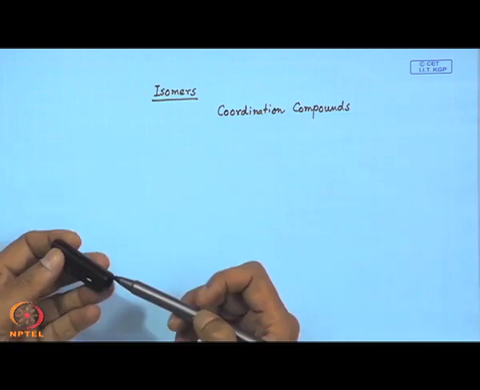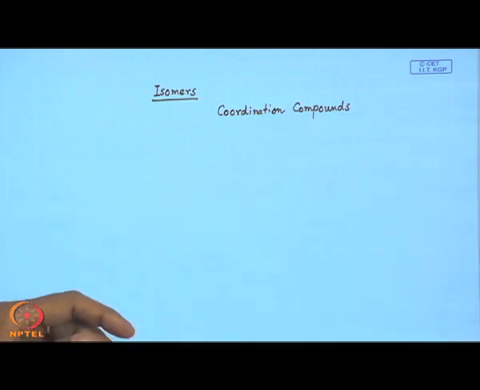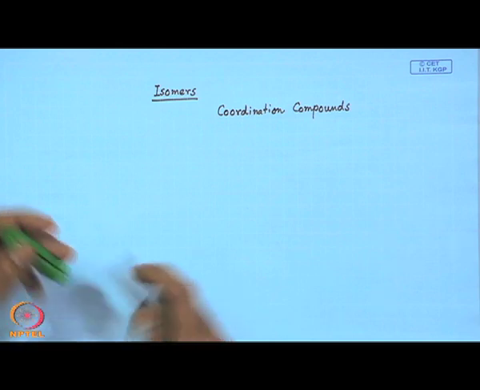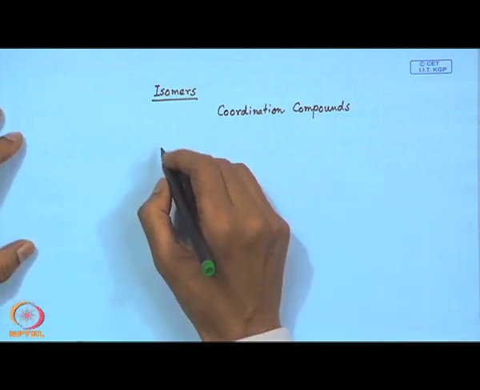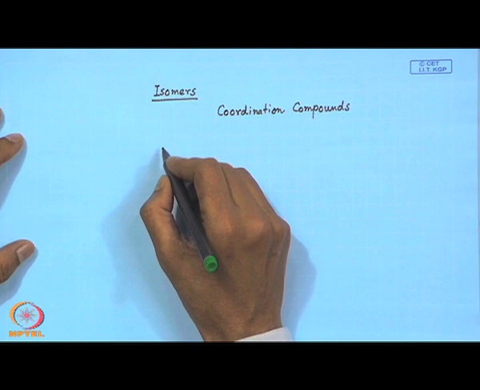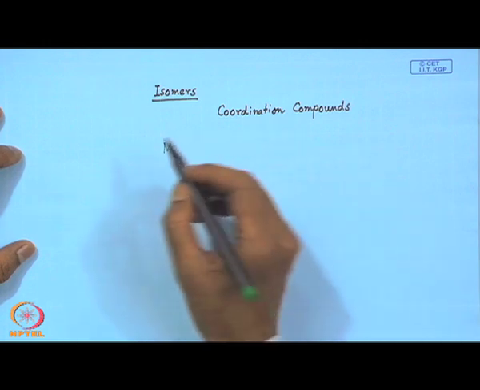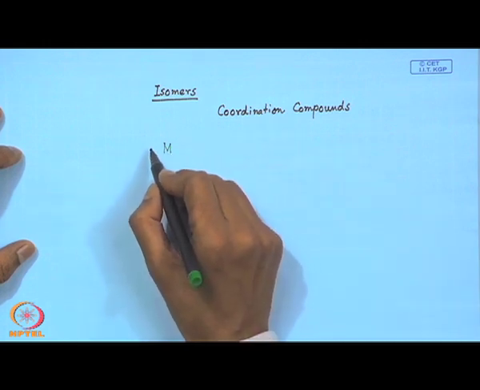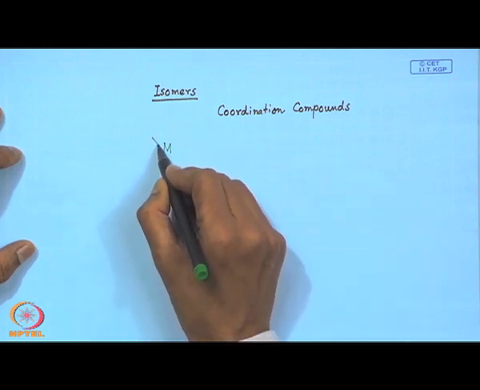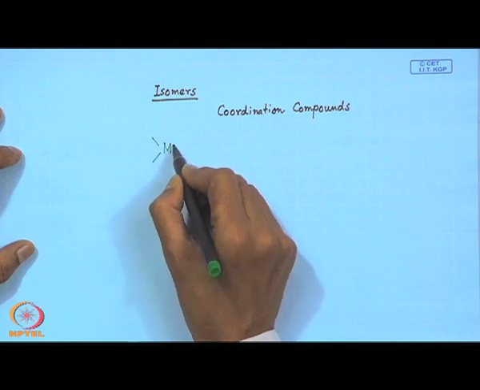We can have different types of coordination compounds, and we all know now that the central part of a particular complex is the corresponding metal ion, and this metal ion is bound to different ligands.